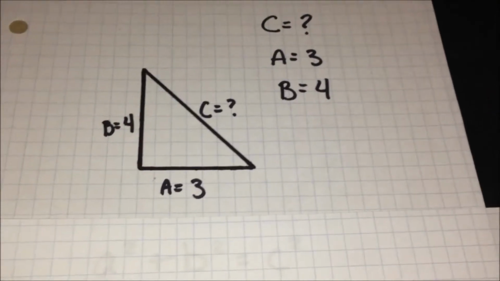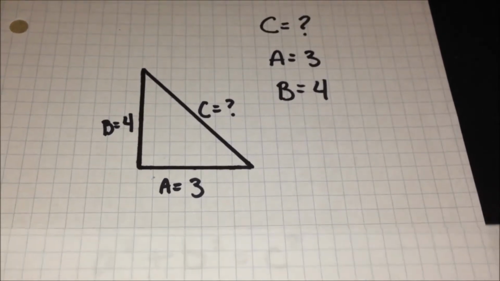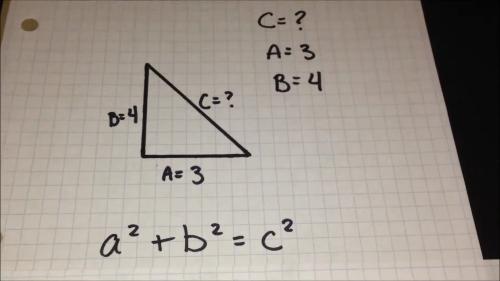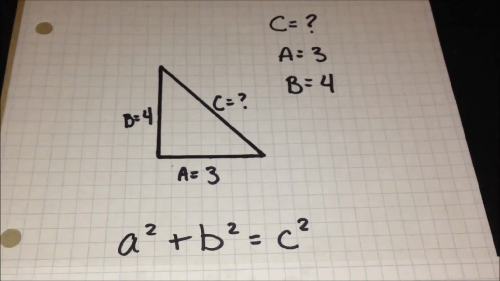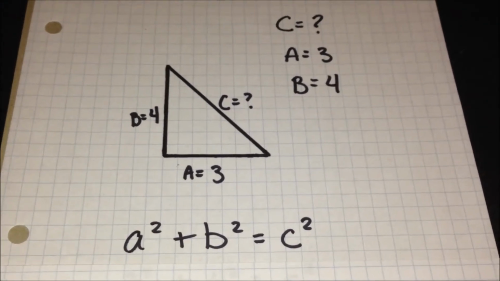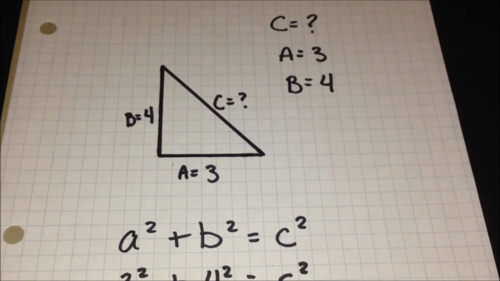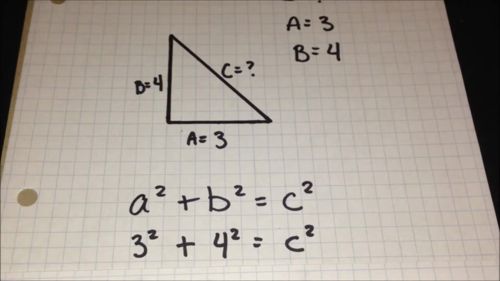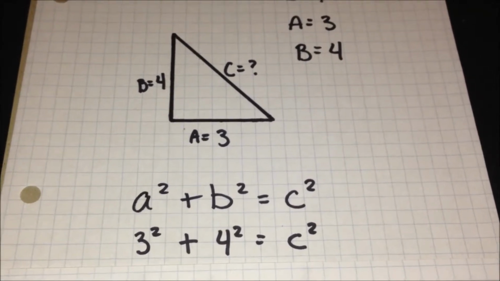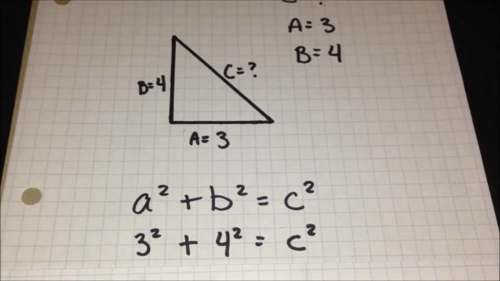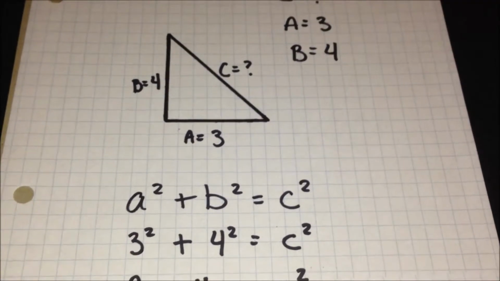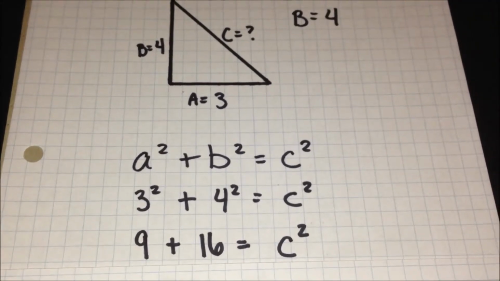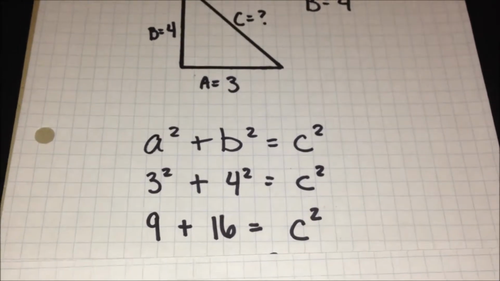The first step is to plug in the known variables into the equation, a squared plus b squared equals c squared. We substitute a with 3 and b with 4. Now we square both sides. 9 plus 16, do the addition.